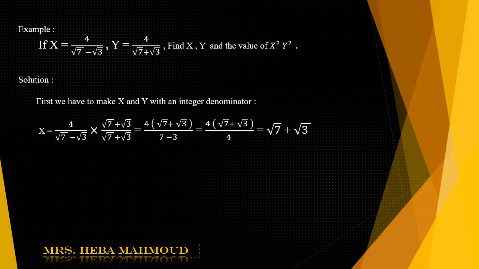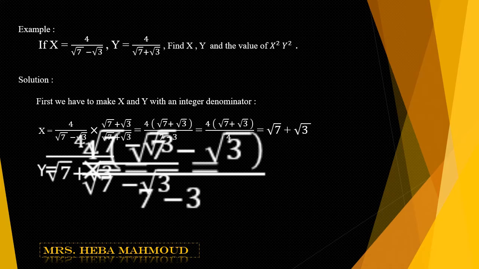It is a multiply between the two numerators, and the multiply between the denominators will be 7 minus 3, because if we multiply any number times its conjugate, its rule will be first times first minus second number times second number. So it will be 7 minus 3. 7 minus 3 will be 4. So the numerator will be 4 between brackets root 7 plus root 3 over 4. We will cancel 4 over 4, so x will be root 7 plus root 3.